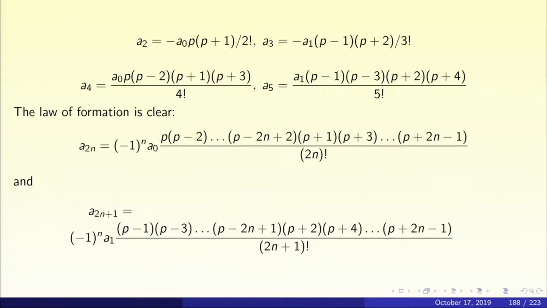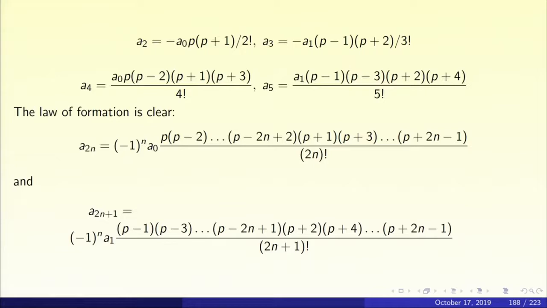So what is the law of formation? For n even, namely a_{2n}, it will be minus 1 to the power n a0 into (p-2) etc. (p-2n+2), (p+1)(p+3) etc. (p+2n-1). Denominator is simple, 2n factorial straight off.